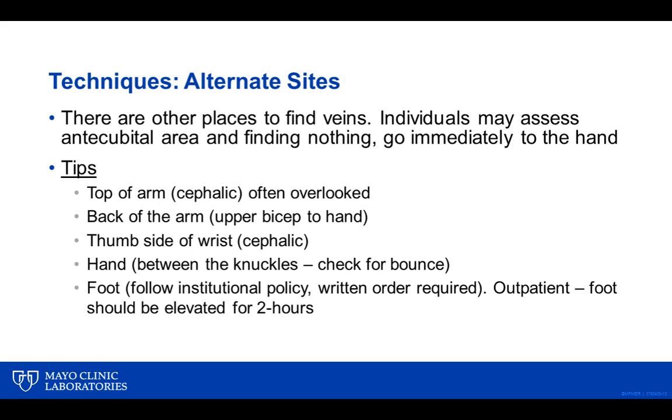So please don't just look, actually do some palpation and find bounce with your fingertips as you assess the entire arm, because we are able to do that. Don't make that quantum leap from the antecubital fossa straight to the hand. There are many other options there.